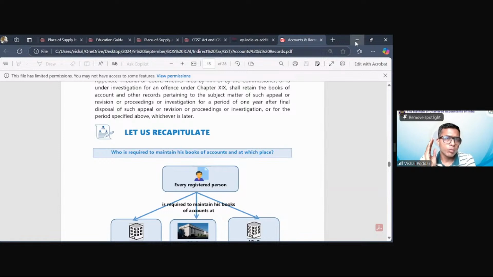But if you still want to correct it because there is some slight typographical mistake, then what will happen is, when this e-invoice details, which was uploaded in the e-invoice portal, gets auto-populated in your GSTR1, you can update it, amend it in your GSTR1. But pay attention. Now, government is moving towards locking the GSTR1, which means you cannot amend the GSTR1, which today you were able to do because when this data gets auto-populated, you are allowed to amend the GSTR1.